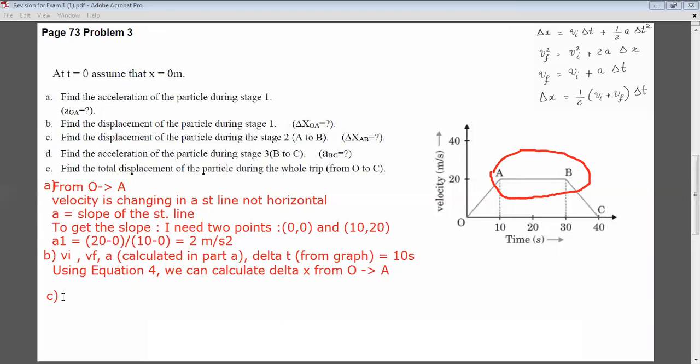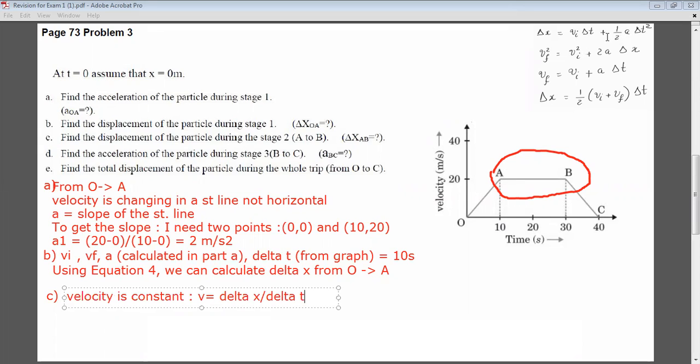Here I have to remember velocity is constant. When the velocity is constant, velocity equals delta x over delta t. You either remember this, or you just use the first equation where acceleration is 0.